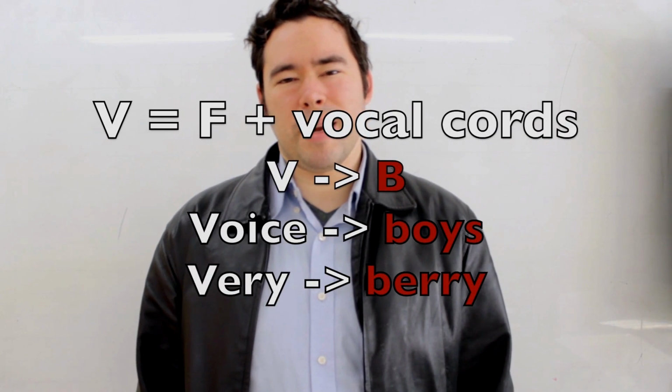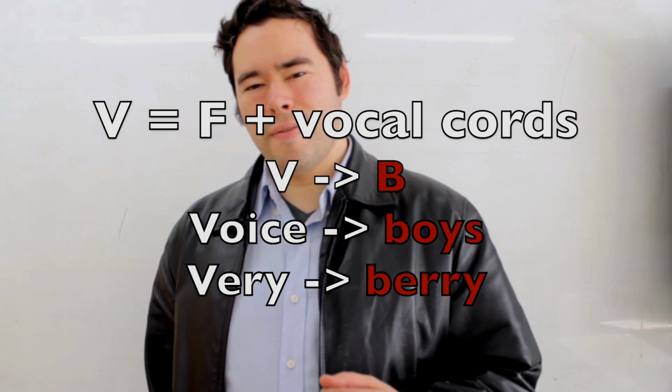The V sound is often pronounced like a B because there is no V sound in Spanish. Voice often sounds like boys. Valet often sounds like ballet. Very sounds like berry.